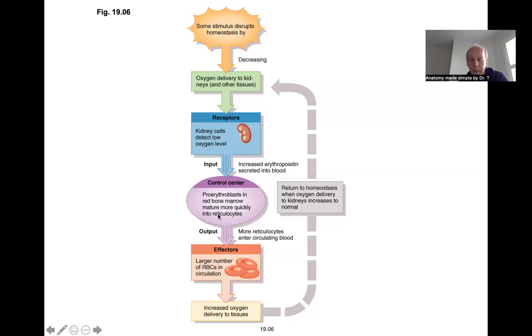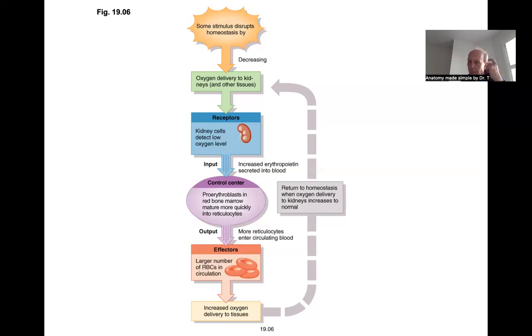They become reticulocytes. Reticulocytes are red blood cells that still have a nucleus. They enter the circulation, mature, shed their nucleus, and turn into red blood cells that increase the total number of circulating red blood cells.